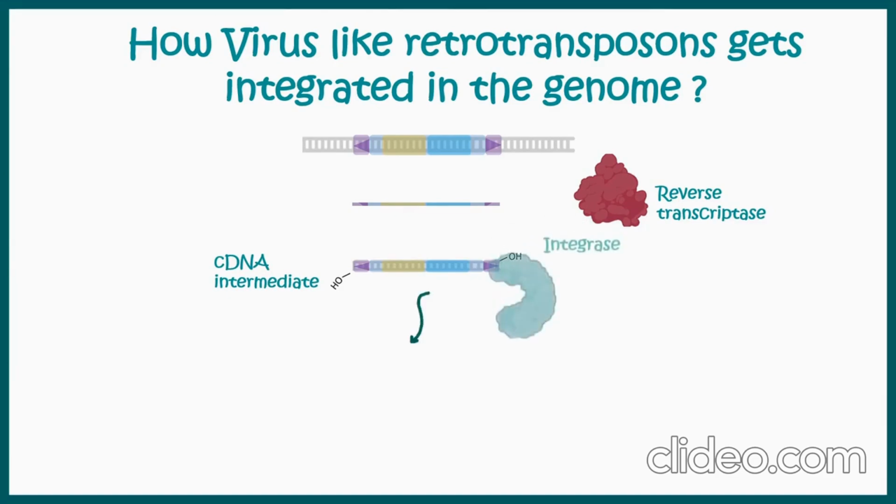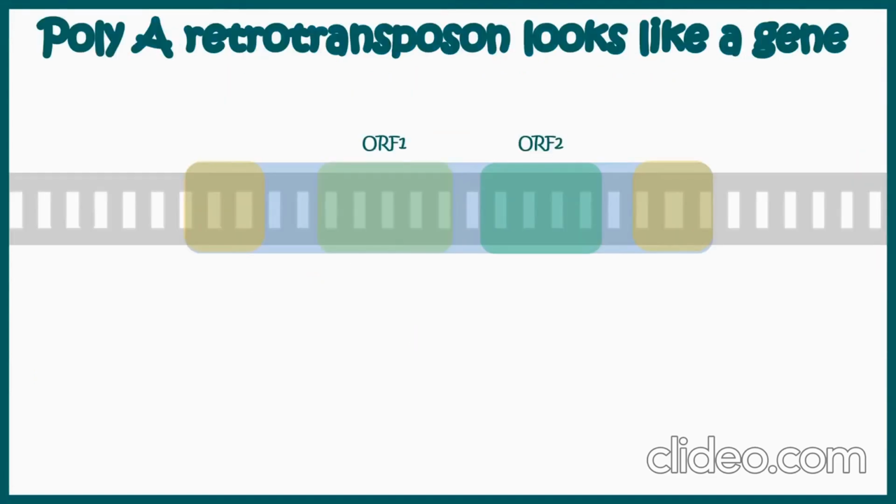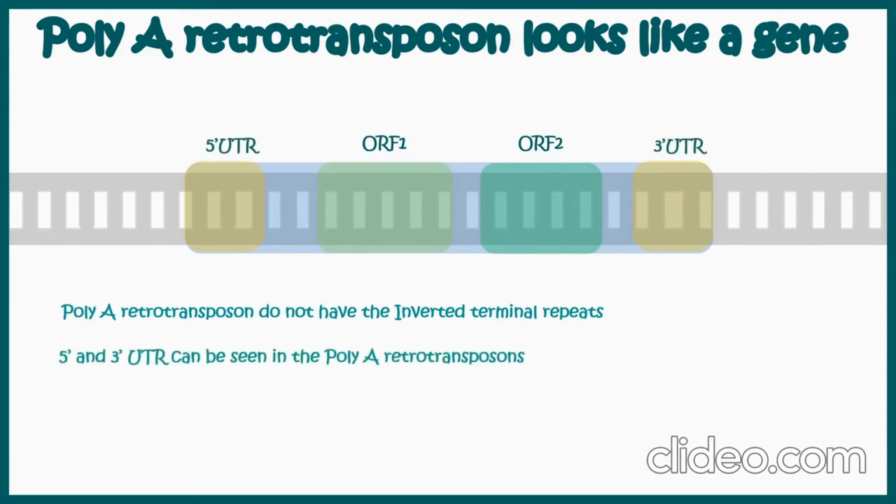Let's talk about poly A transposons, which look exactly like a gene. Why is that so? Let me tell you. These retrotransposons differ from the other classes of transposons by not having the inverted terminal repeats. They have a 5' and a 3' end. Poly A transposons look like a gene, just like our mRNAs. They also have two open reading frames, ORF1 and ORF2.